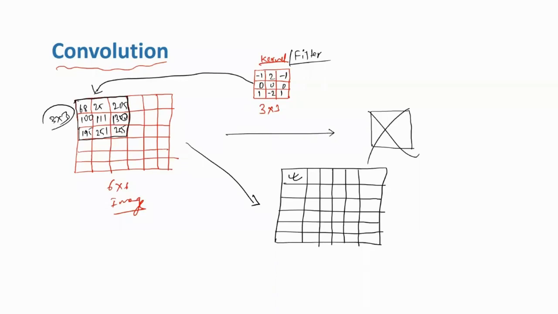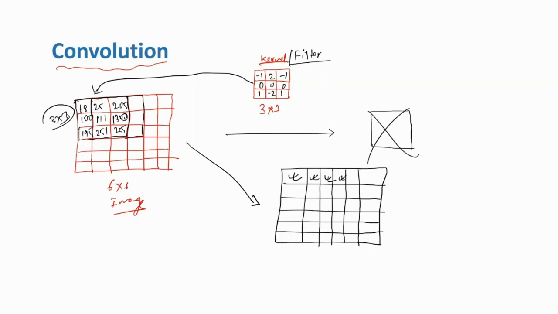Again, this kernel, the same filter, will move one step ahead. The new portion will be selected from here till here. Again it will be multiplied, summed up, and put here.